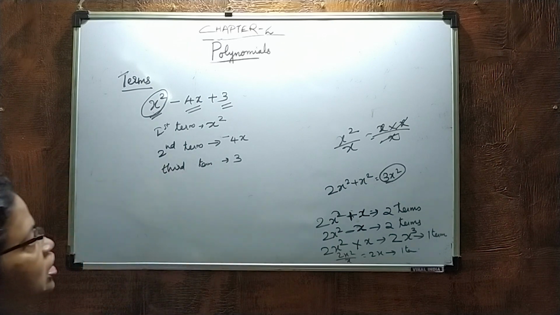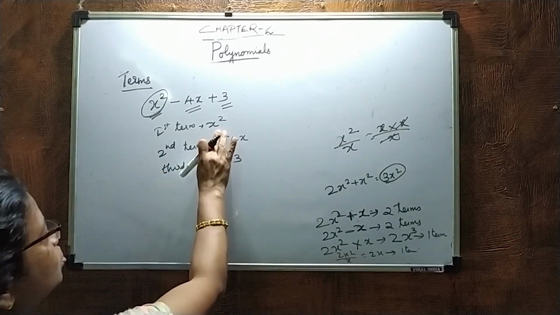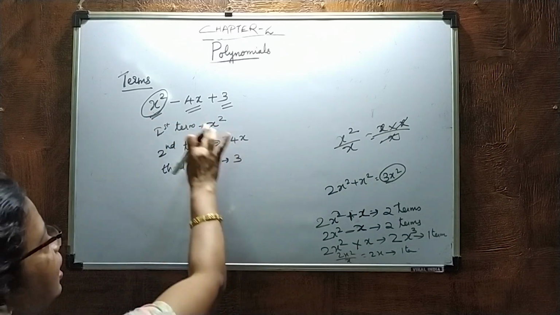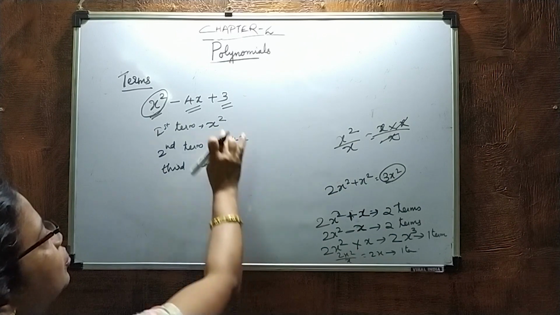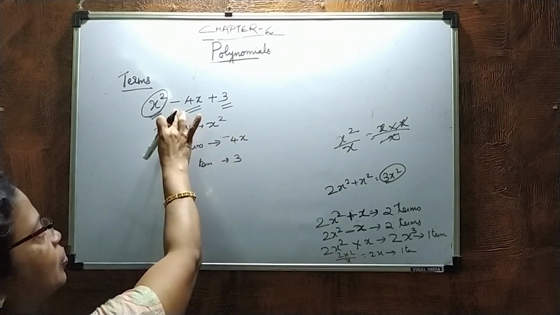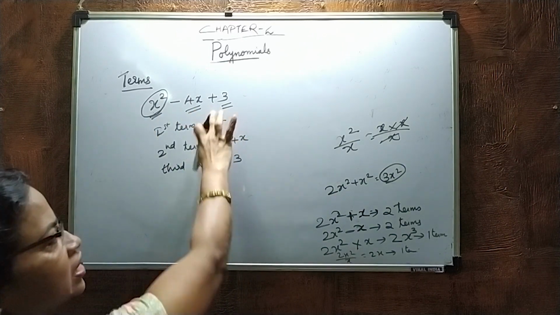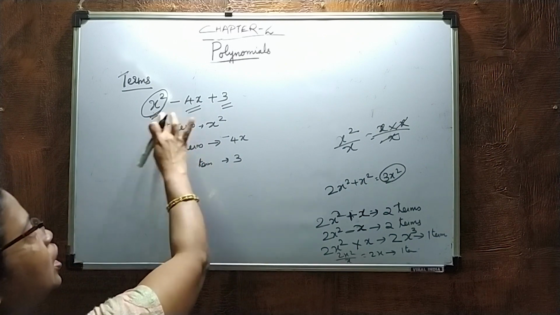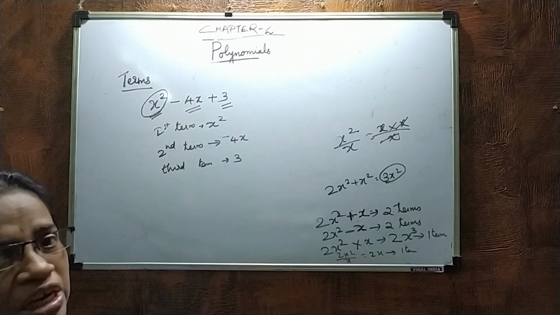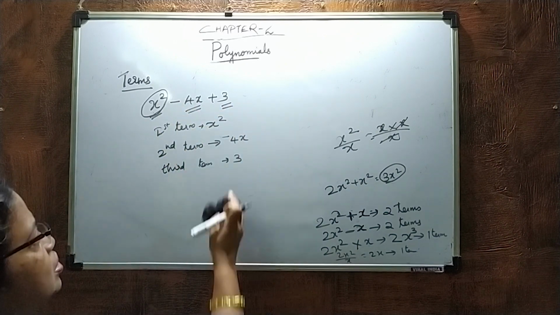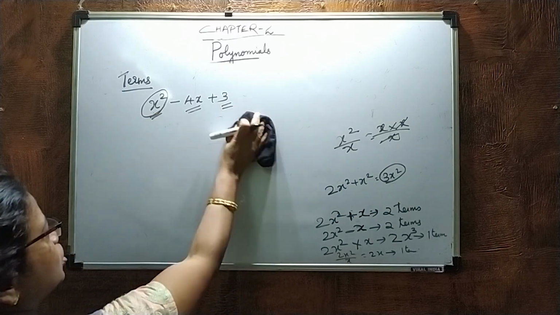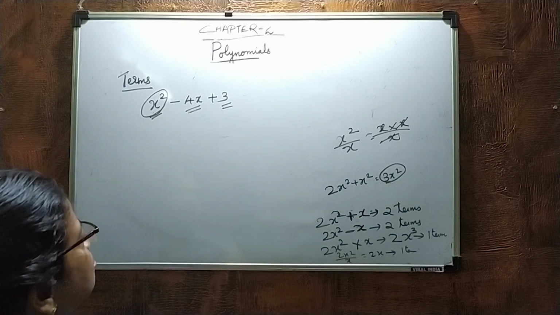Clear? So here just look, here it is only x square first term, here it is negative 4x second term, third term is 3. Here it is connected with the minus, here it is connected with the plus. So 1, 2, 3. How many terms are there? 3 terms are there.